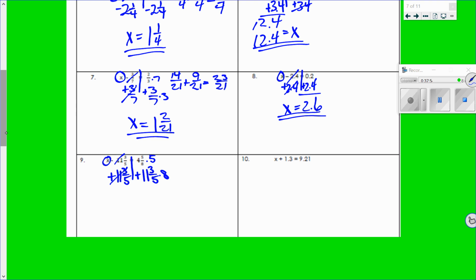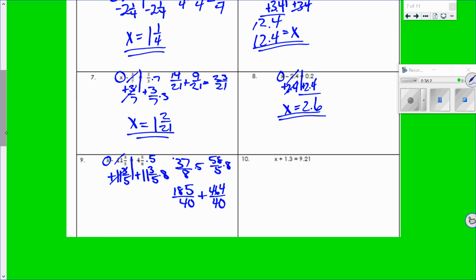But we're going to turn it into improper fractions first, so that becomes 37 eighths times 5 and 58 fifths times 8. So that's going to be 185 over 40 plus 464 over 40. Add those two together.